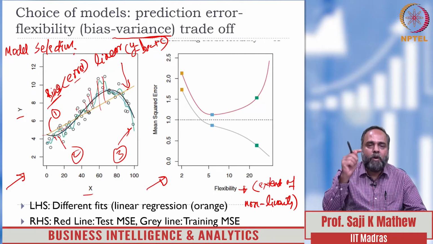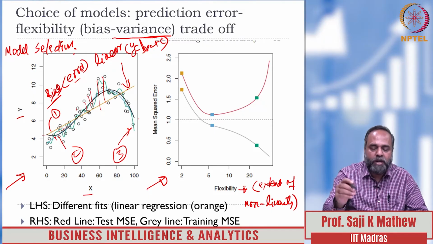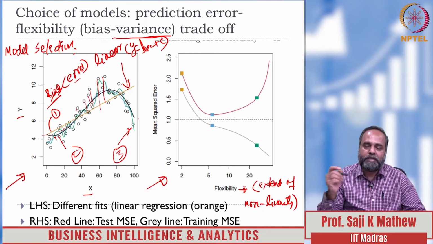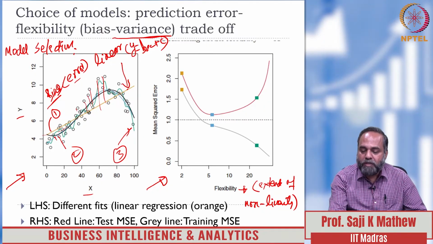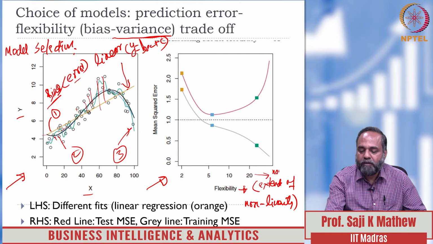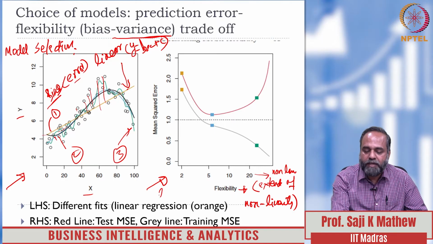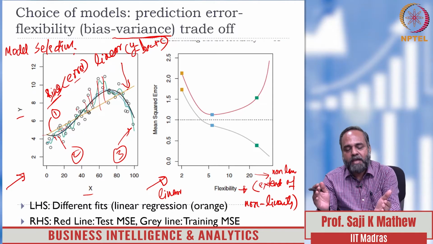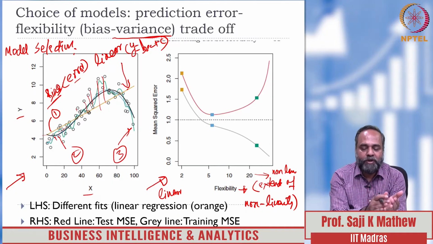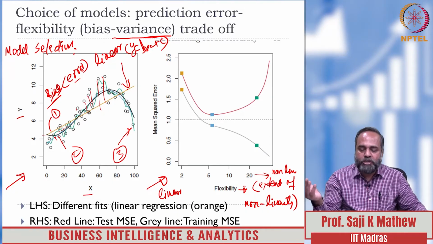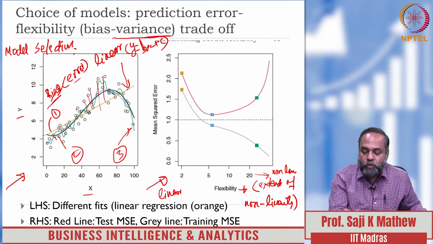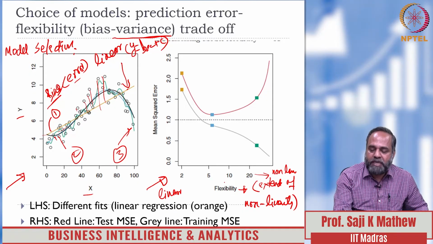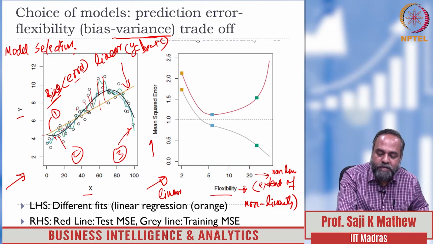A highly flexible model, like the curvilinear models here, is very flexible. The more flexible, the more nonlinear the model is. Here it tends towards linearity. So on one boundary you have the linear, and on the other boundary you have the most nonlinear models. And when you vary the flexibility of the model, how does it influence the error?